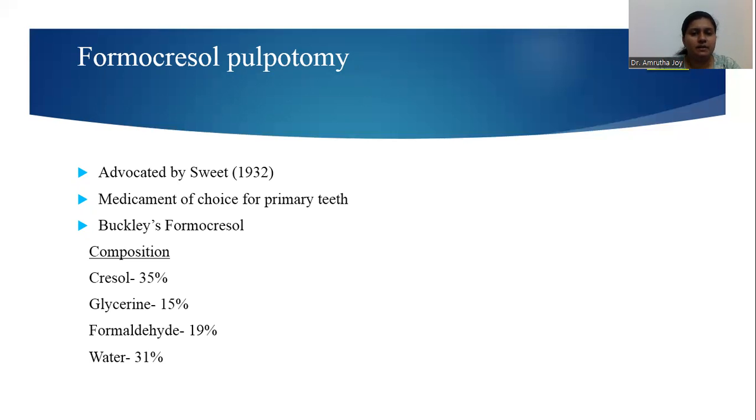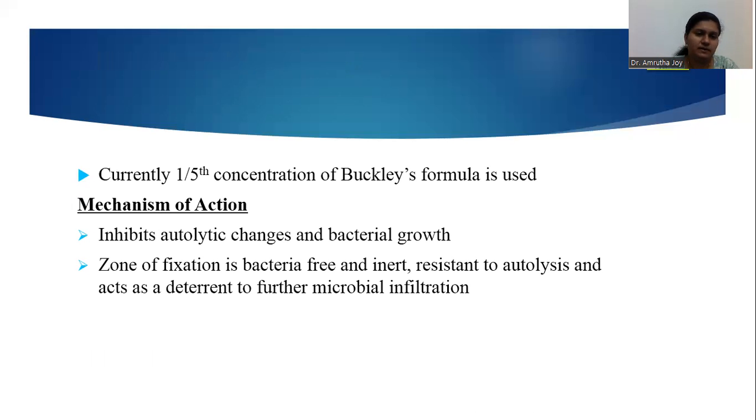The medicament used, formocresol, is available as Buckley's formocresol. The composition contains cresol 35%, glycerin 15%, formaldehyde 19%, and the remaining water, that is 31%. We use a 1:5 concentration of Buckley's formula for pulpotomy.